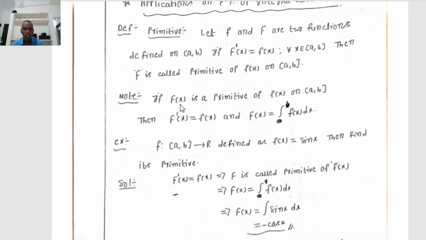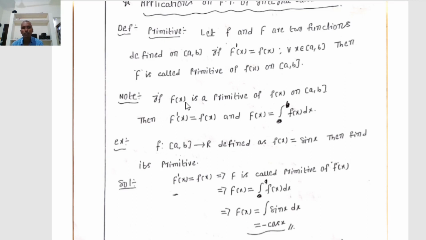Note: if capital F of x is a primitive of small f of x on the closed interval [a, b], then capital F dash of x equals small f of x, and capital F of x equals the integration of f of x dx.